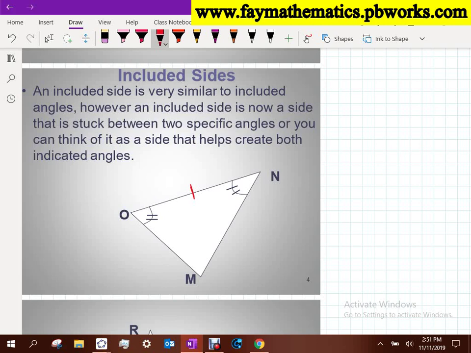Because this will be important as well down the road, that side and that side, are they included? Are they between the two angles? No, right? Okay. We call those non-included sides.